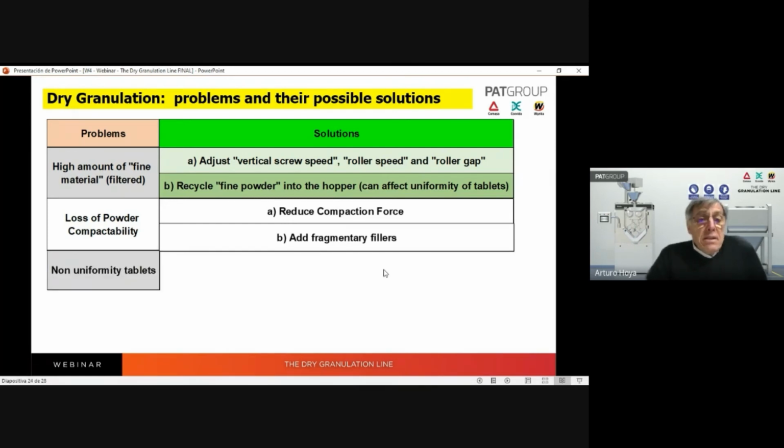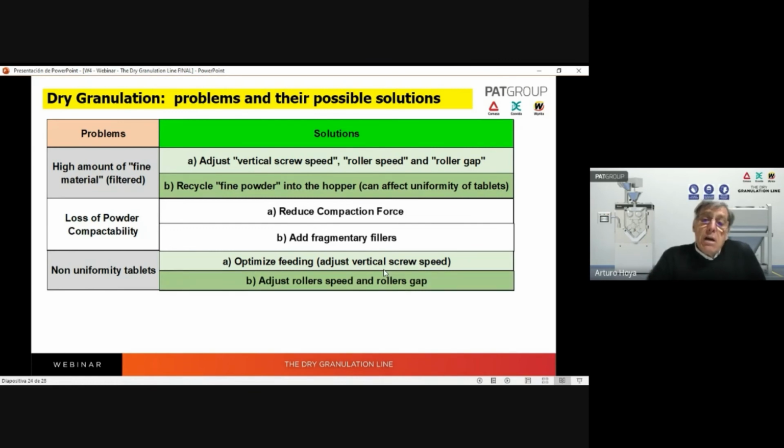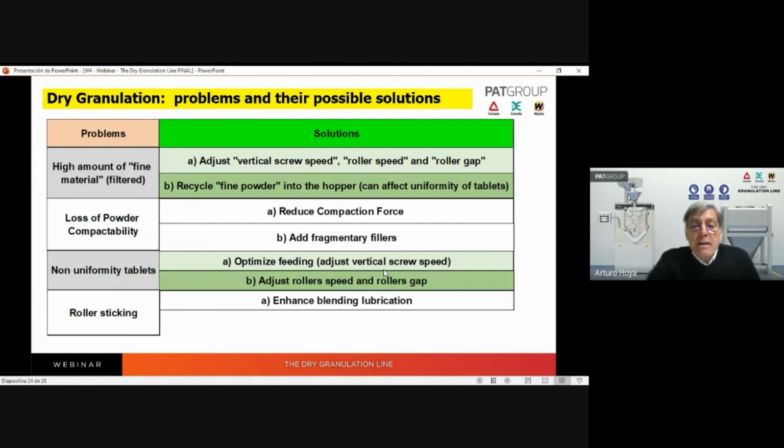If the problem is non-uniform tablets, well, optimize the feeding, adjust the vertical screw speed, or adjust the roller speed and roller gap. And if you have roller sticking, this is a particularly important problem, with sticking on the surface of the roller. Well, in this case, of course, enhance the blend lubrication.